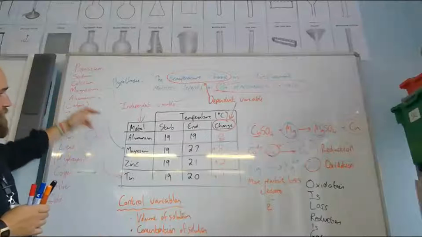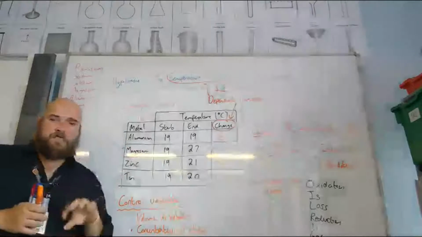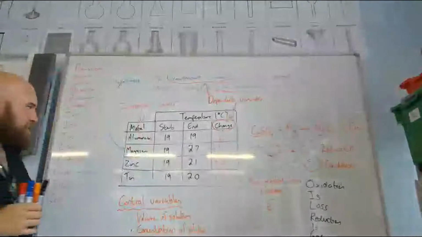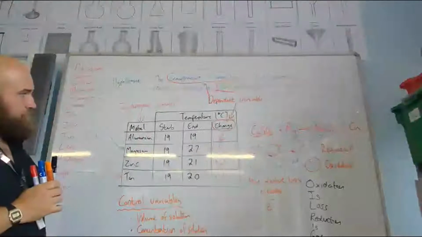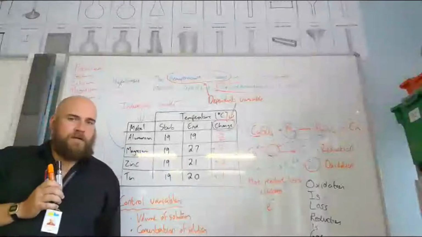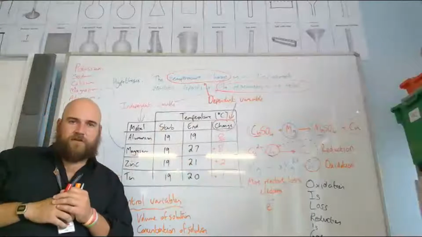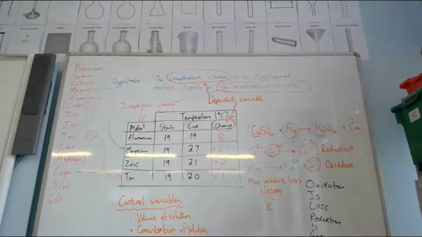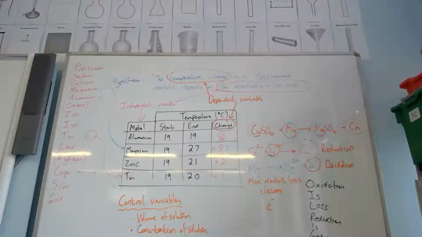So it should have been just less than magnesium and above zinc, somewhere in there, if this hypothesis is absolutely perfect. Well, it's a bit of a false result, this 0 degrees Celsius. Yes, it did not go up. But can we think as to why that is?